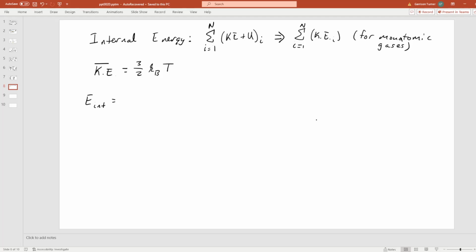So there's no potential energy associated with these molecules as they're flying around in the container, in other words.